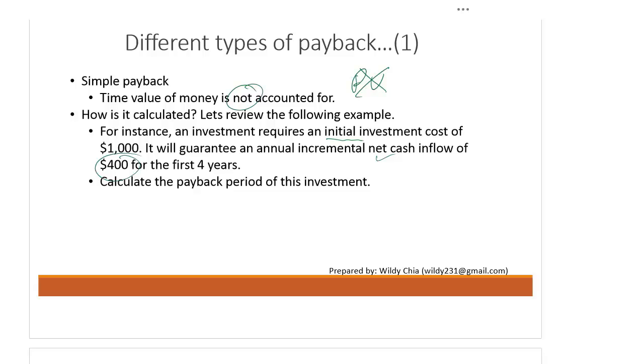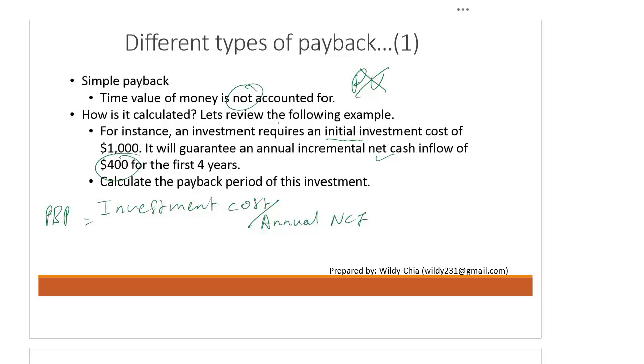Given that's the case, you could use the formula to find the payback period, PBP. The formula is the investment cost divided by the annual net cash flows. As simple as that.